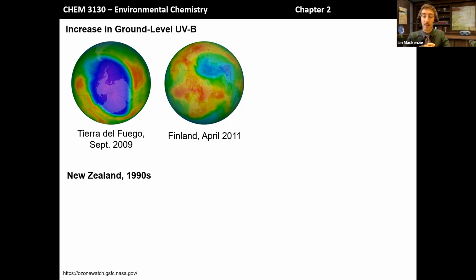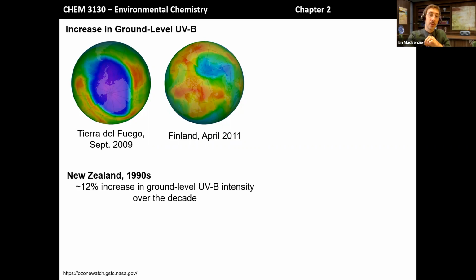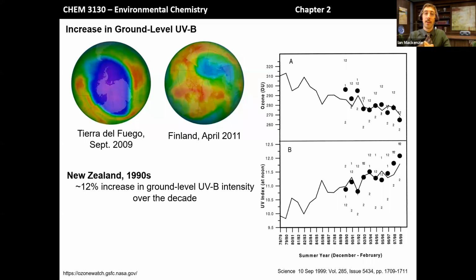In the 1990s, what they noticed simply by measuring was that over a single decade, they had a 12% increase in ground level UVB intensity. And they actually published this in a science paper where they plot the average ozone levels in Dobson units, and you can see this decrease, even though New Zealand is a little ways away from the South Pole.